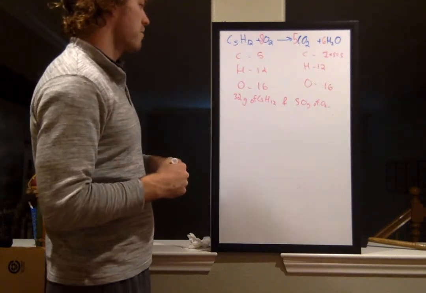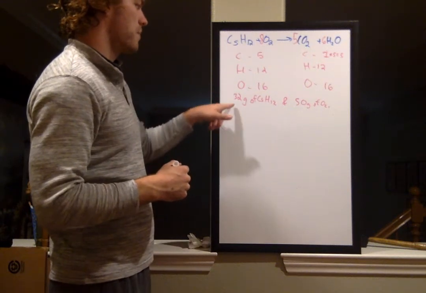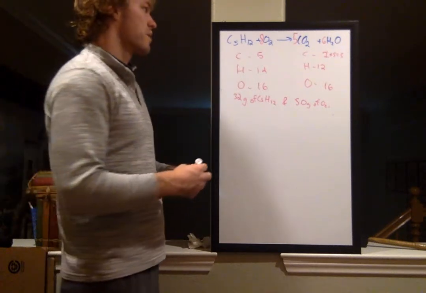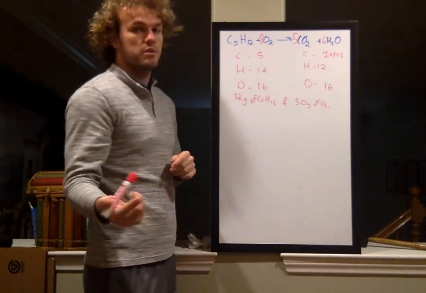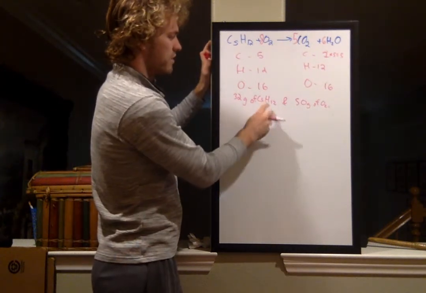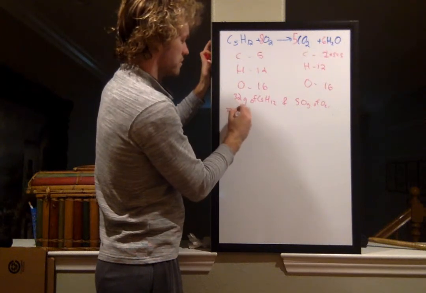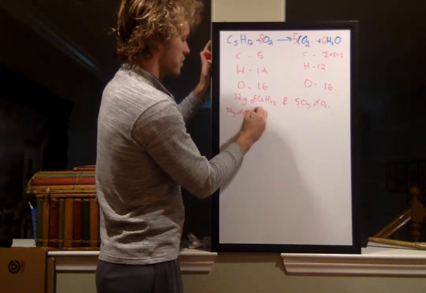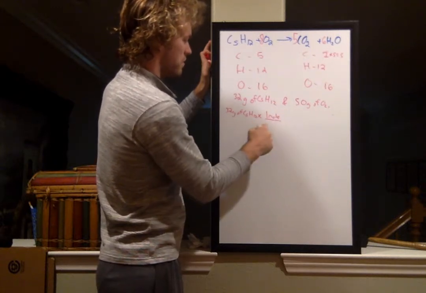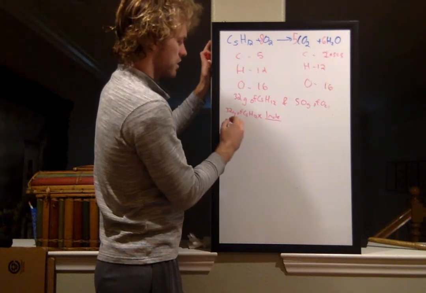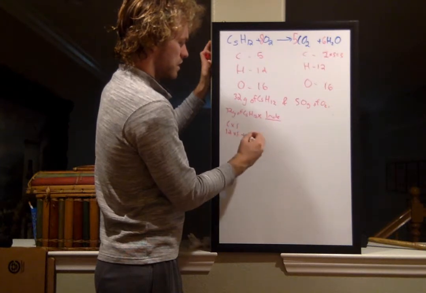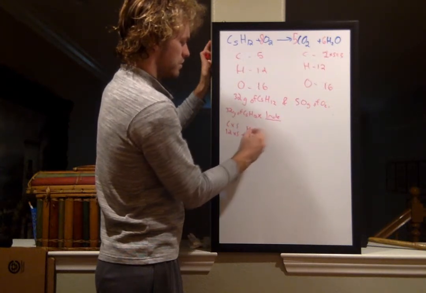We're going to start off with our amount of moles of C5H12, which is 1, and compare it to the amount of carbon dioxide produced. So we'll convert the 32 grams of C5H12 to moles: 32 grams of C5H12 times 1 mole over the molecular weight of C5H12, which is carbon times 5, which is 12 times 5, plus hydrogen times 12, which is 1 times 12.